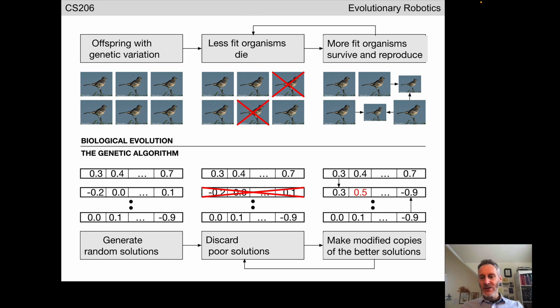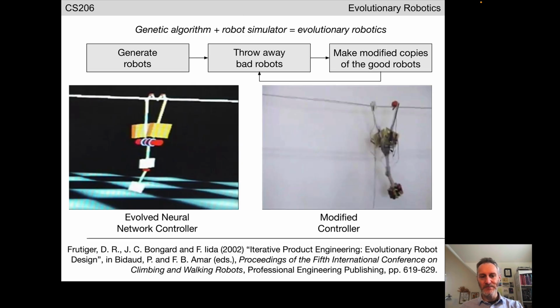We can also take two surviving solutions, chop them in half, and take one half and combine it with the second half of the other solution and put them together, which you can see here. So this would be a simulation of genetic recombination of genetic material from two parents. Lots of different ways we can randomly modify surviving solutions.